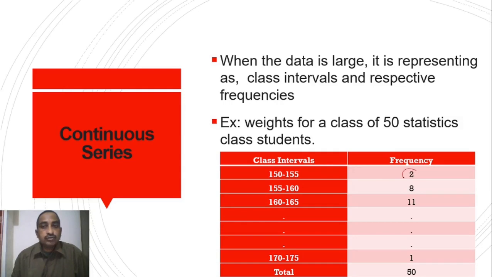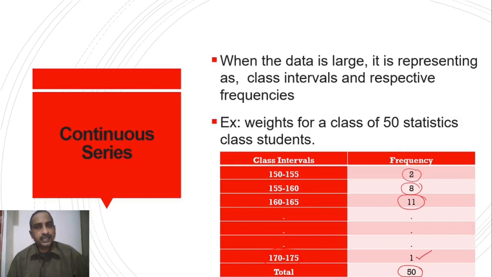Only 2 students. 155 to 160 centimeters: 8 students. 160 to 165 centimeters: 11 students. 170 to 175 centimeters: only 1 student. But the total number of students is equal to 50. This type of representation is a continuous series, right?